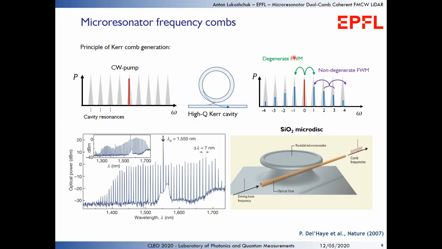This parametric process, degenerate or non-degenerate four-wave mixing, will give birth to these sidebands. And the cascaded four-wave mixing results in the frequency comb like that, where you have an equidistant spacing between the optical sidebands, which is determined by the free spectral range of the microresonator.